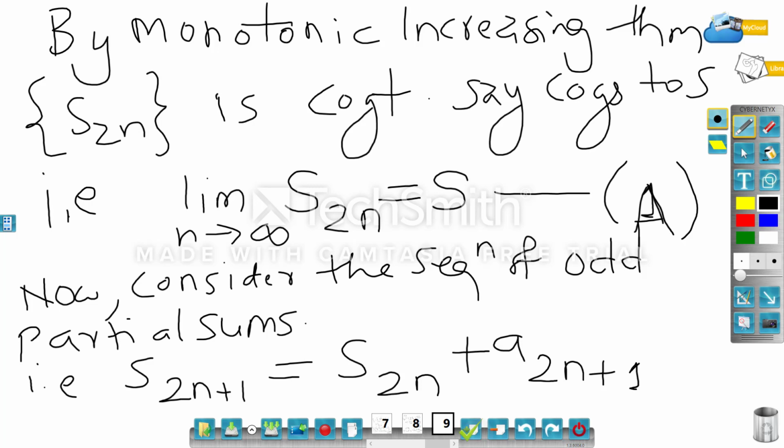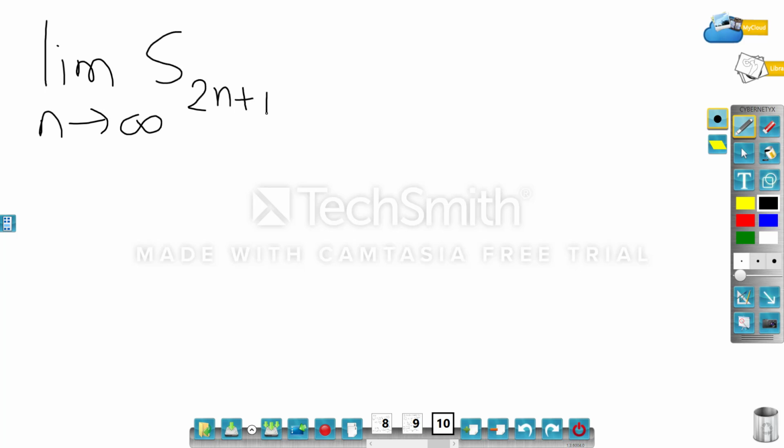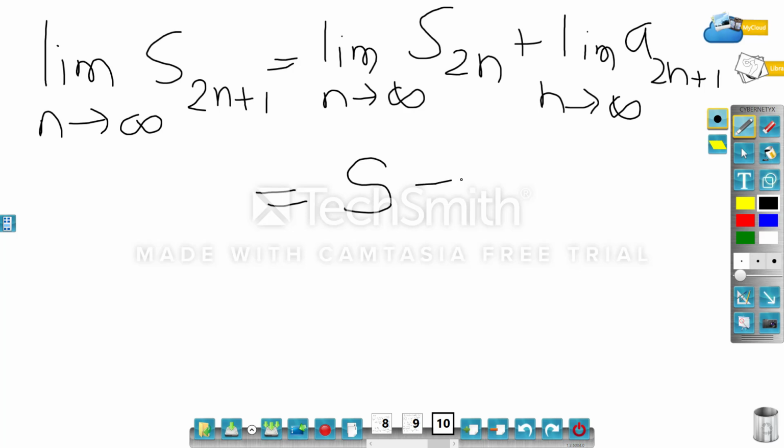If I apply the limit on both sides, then the limit as n goes to infinity of S of 2n plus 1 is the same as the limit as n goes to infinity of S of 2n plus the limit as n goes to infinity of a of 2n plus 1. We know this limit is nothing but S by our equation A.